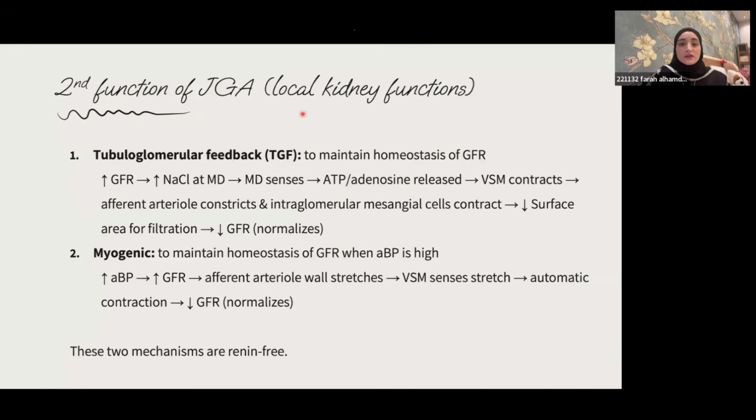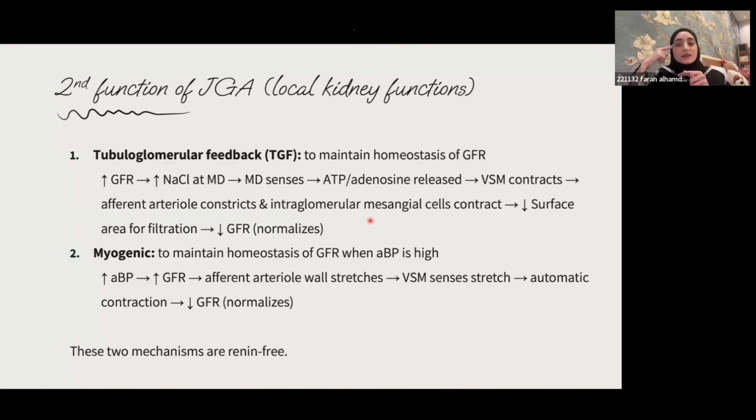The second function of the juxtaglomerular apparatus is the local function at the kidney. It keeps the kidney's pressure in check. We have two mechanisms, tubuloglomerular feedback and the myogenic mechanism. Tubuloglomerular feedback maintains homeostasis of GFR. When there's high GFR, it lowers it. Dr. Annie didn't get into this deeply, but basically sodium chloride increases at the macula densa, and the macula densa senses that.